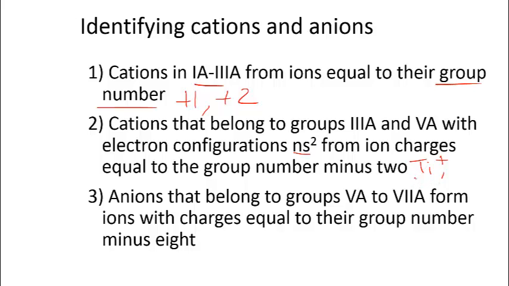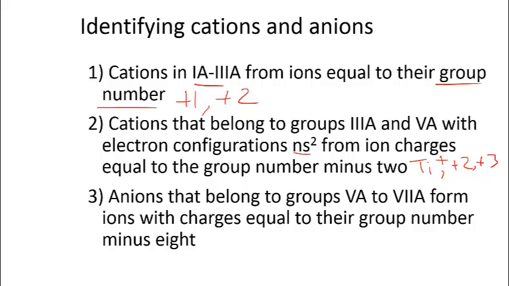Tin and lead are both members of group 4A. 4 minus 2 is 2, so they form +2 cations. Then bismuth is a member of group 5A, so it forms a +3 cation.